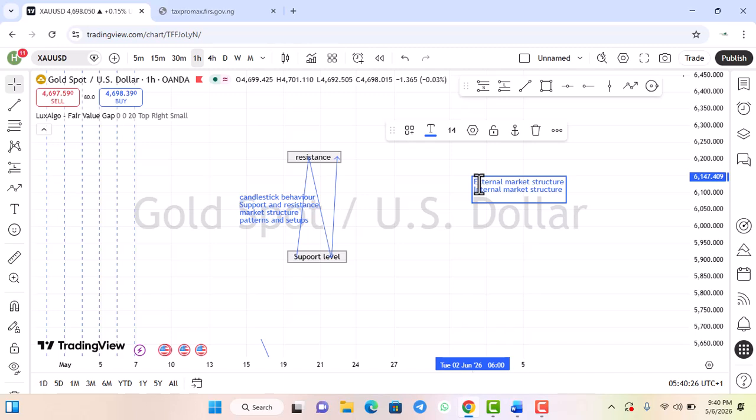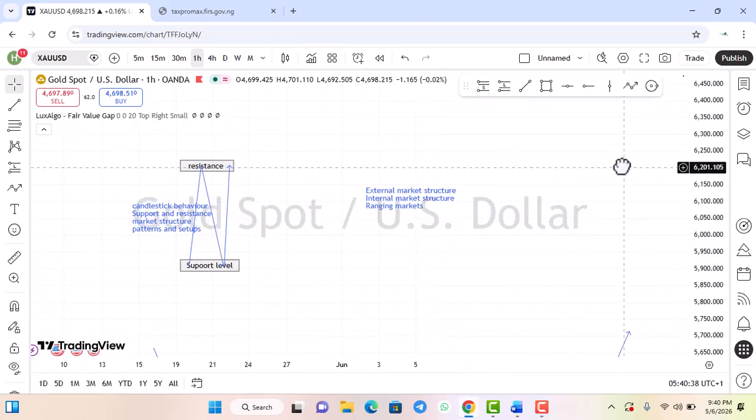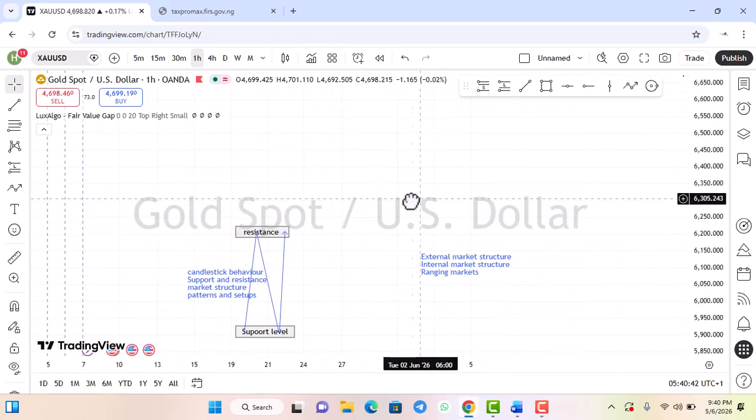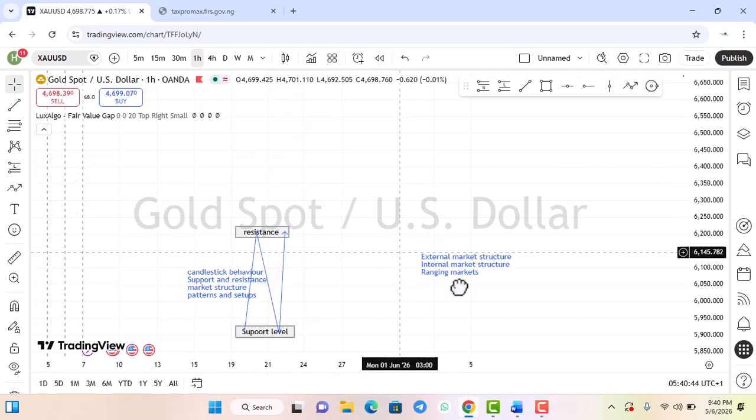Then we have ranging market. Okay, these are the three types of market structure, right? I'm going to sketch them here, and also show you on the chart.